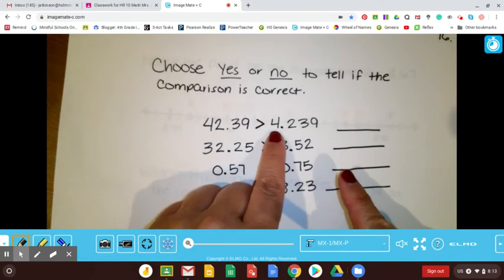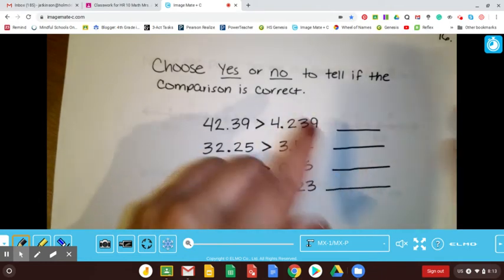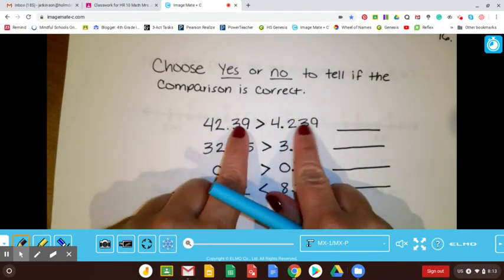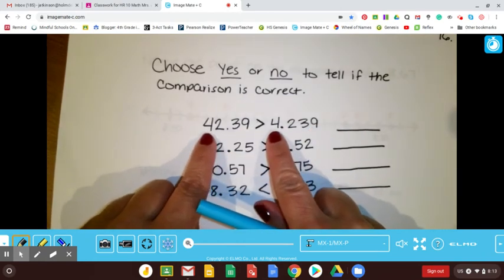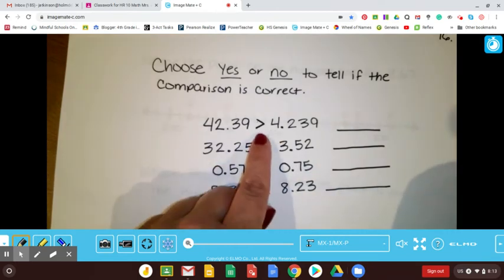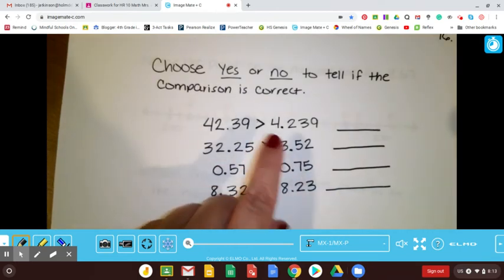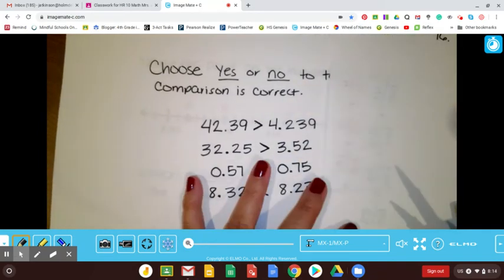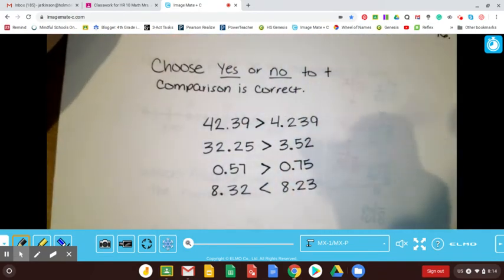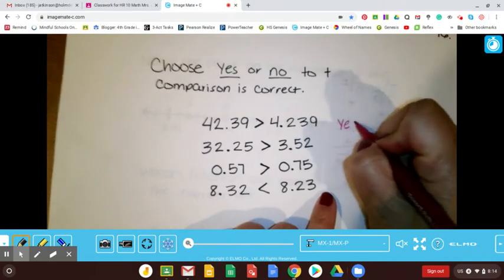And then we have 4 and so on. Well, even if we don't care about the rest of the decimal portion, what's bigger, 42 or the number 4, right? 42 is bigger. So yes, this problem would be correct. So yes for that guy.